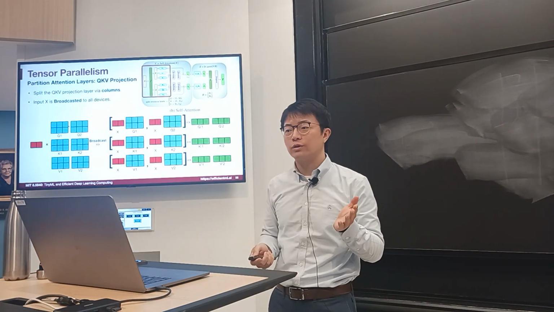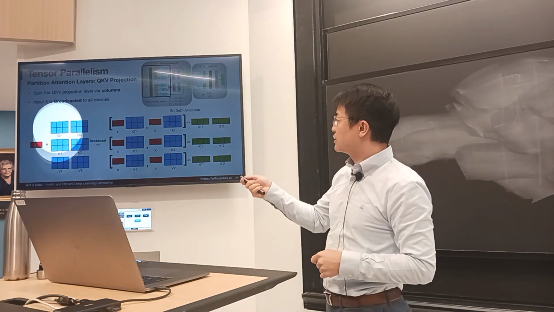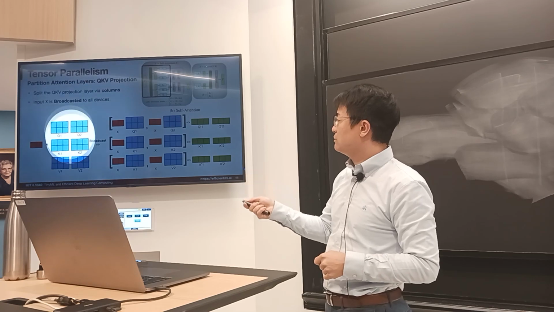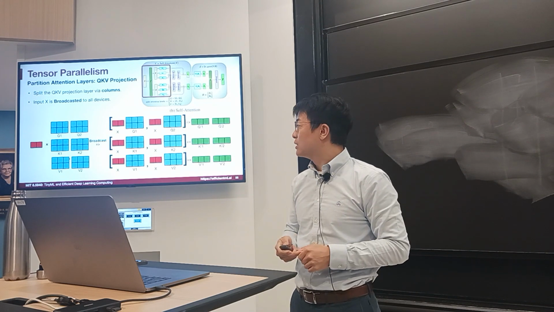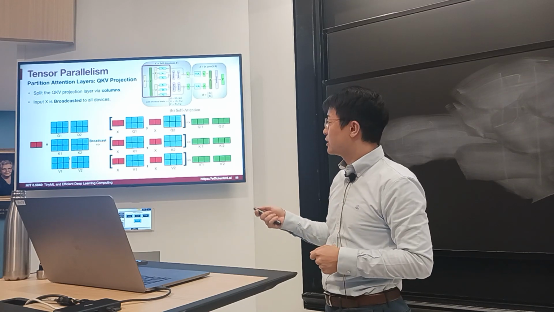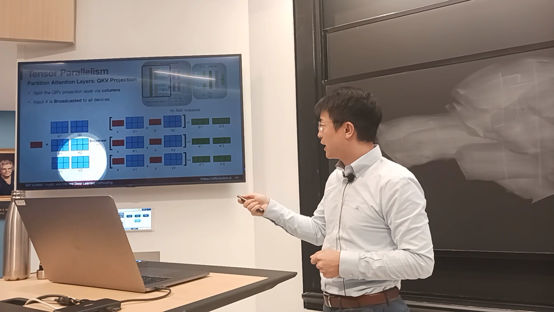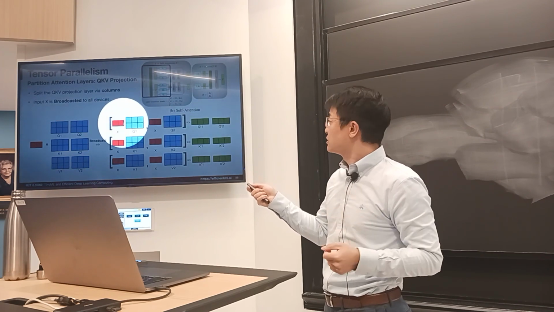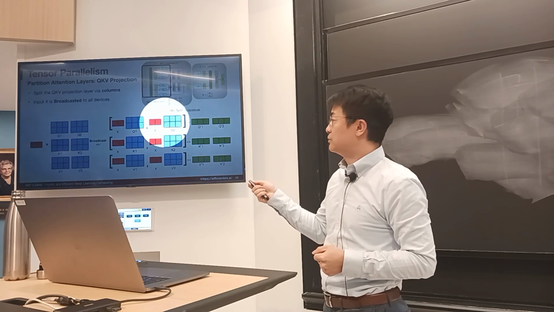So what we do here, we also split vertically across 2 GPUs. So each GPU is responsible for only half of the hidden dimension. Actually, that's the head dimension. Each GPU is responsible for 1 head. This is 1 head, this is another head, and we do a broadcast. So X is broadcasted to GPU1 and GPU2.